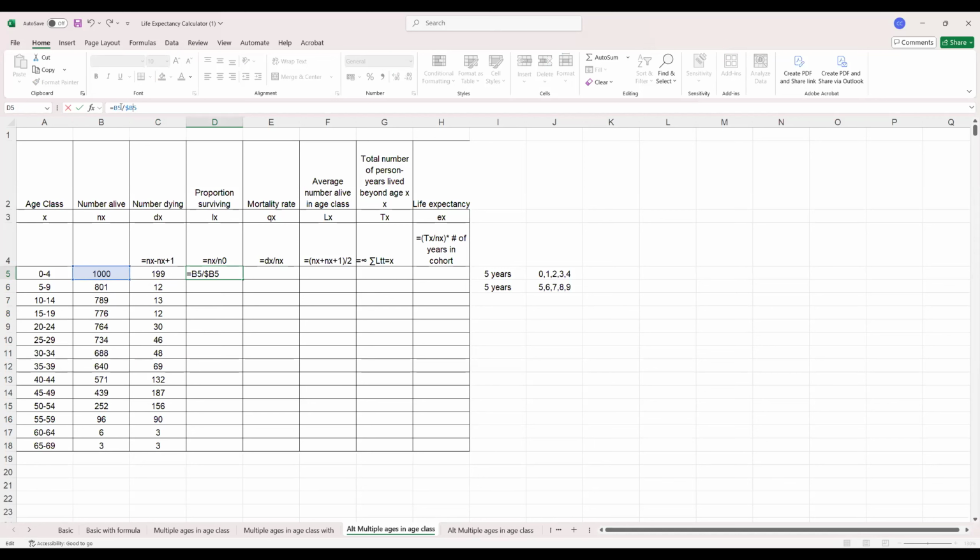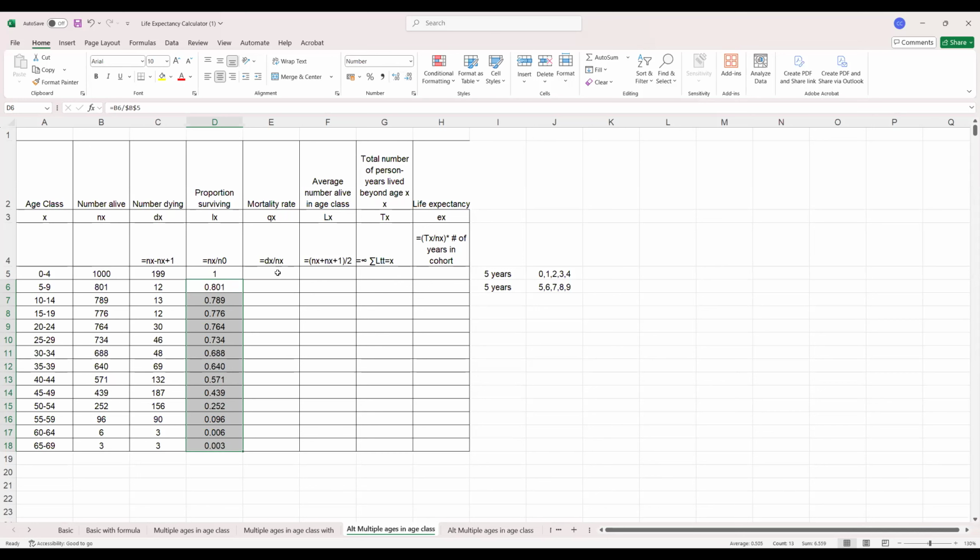And then again, don't forget to put the dollar sign so we can easily copy and paste it later. So that means 801 divided by the number that was born for that generation. Dollar sign to keep the denominator static. And again, you can drag and drop and then be mindful of the number of decimal places.